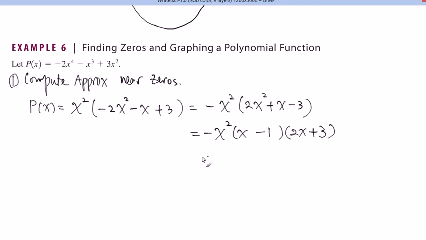So how many zeros do you see? 3, right? So what is the smallest zero here? But negative, right? -3 divided by 2.